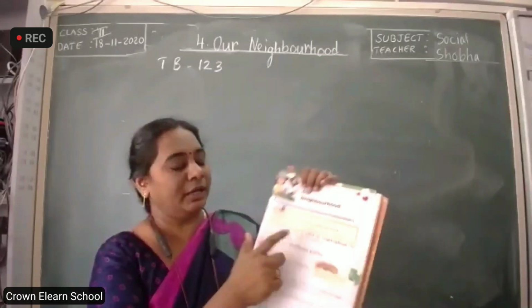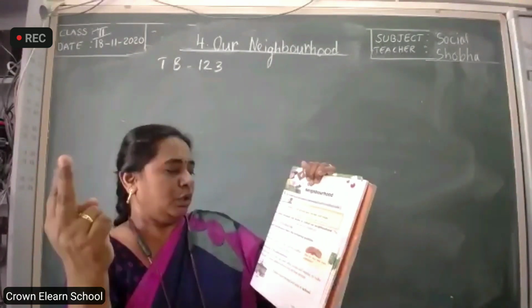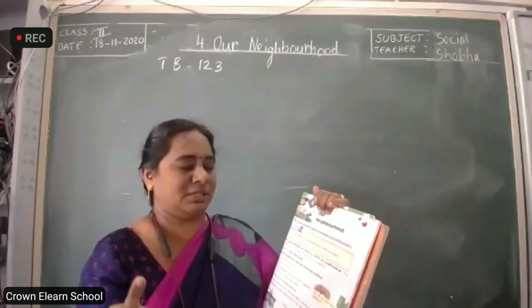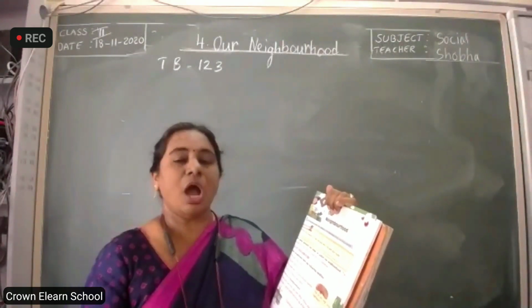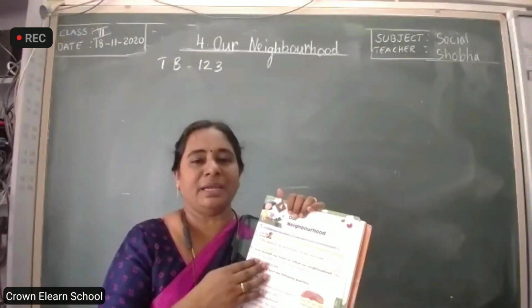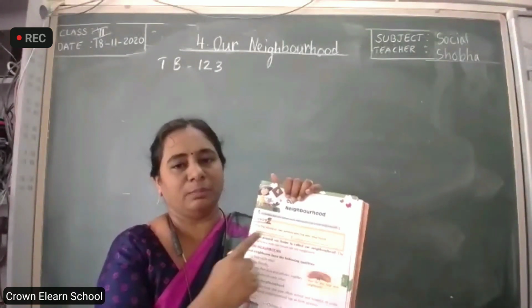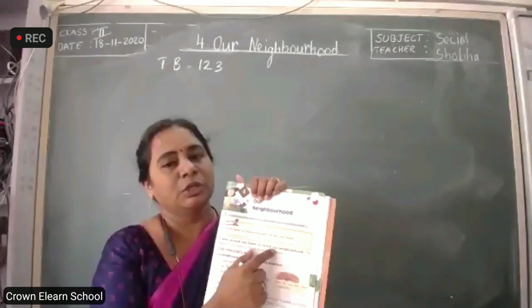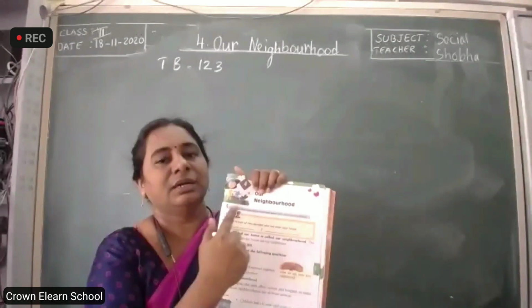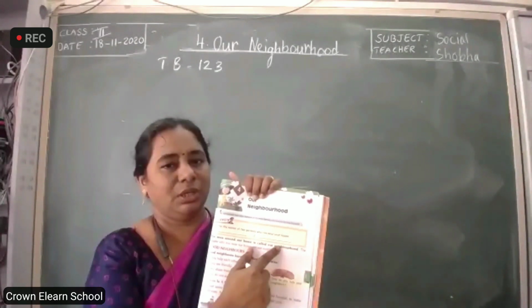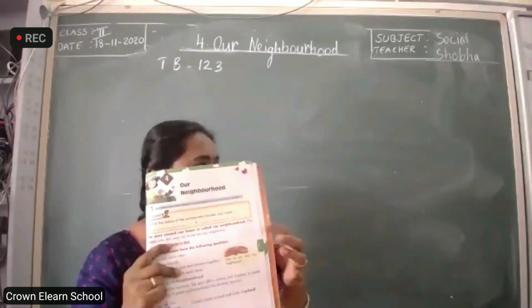So, here you have to write names of 2 persons, that means names of 2 neighbors who are living near your house. If you don't know, please ask your parents and write the 2 names. This activity I am leaving for you, children. With the help of your parents, try to write the names of your neighbors. Okay.